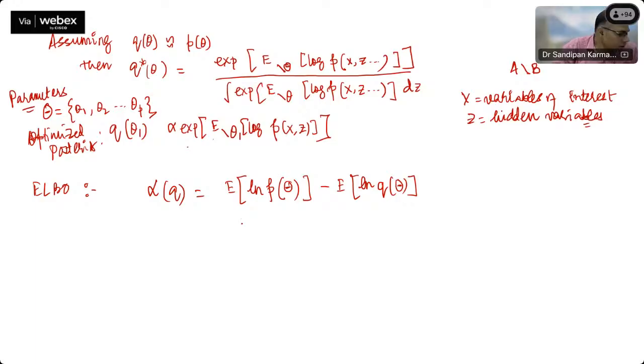Okay, now here, how will the expectations be carried out? These expectations will be carried out in terms of the present theta parameters. So what we are doing is the expected value of the log of the true posterior, this is actually the true joint distribution.